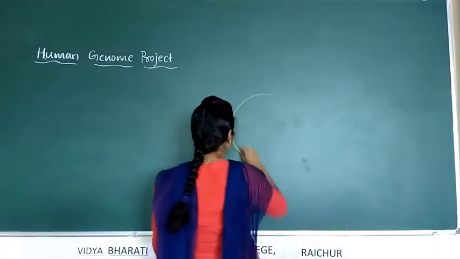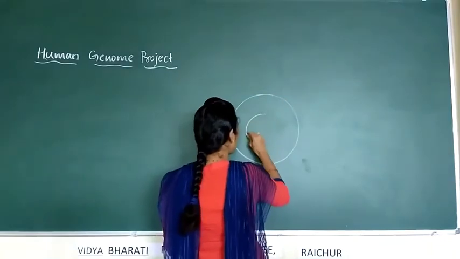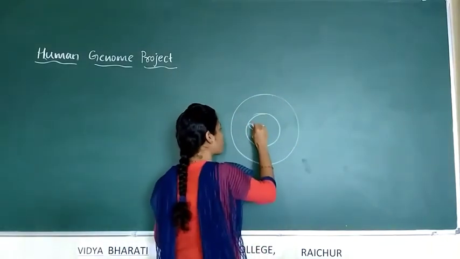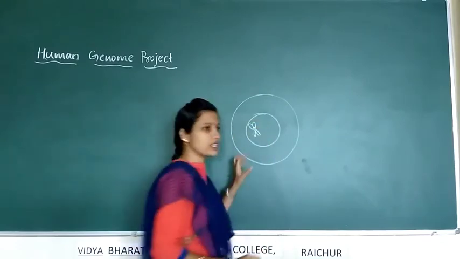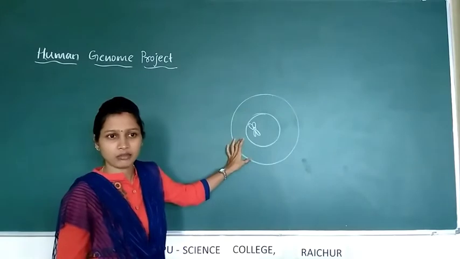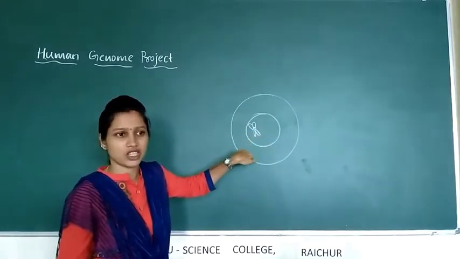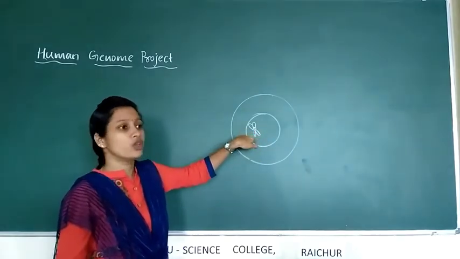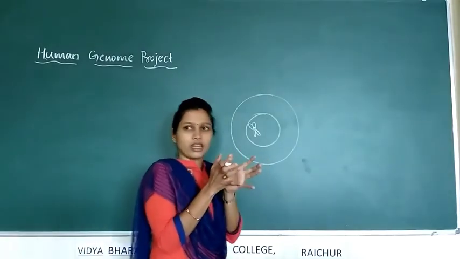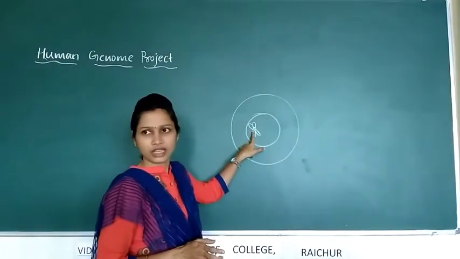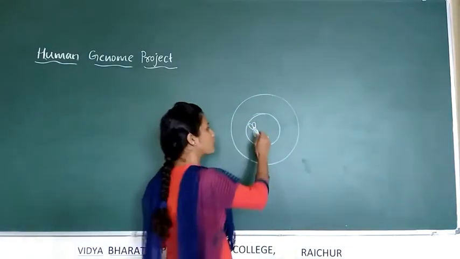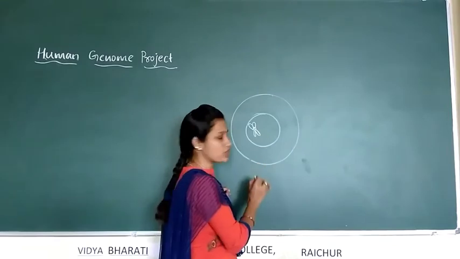consider this is the plasma membrane of the cell, and this is the nucleus. In this nucleus, chromosomes are present. When the cell is ready to undergo cell division, the chromatin material present in the nucleus undergoes condensation and forms chromosomes. Right? Usually the chromatin materials are present.